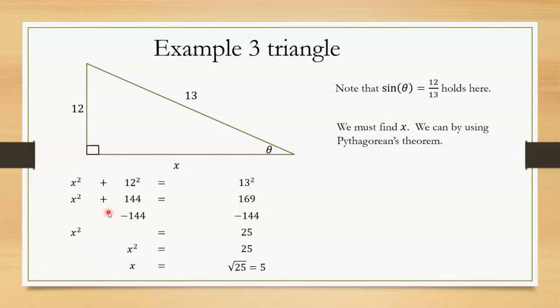Now we just solve this for x. We subtract 144 from each side. We have x squared is the difference, which is 25. If x squared is 25, we take the square roots. We get x is the square root of 25, which is nice. 25 is a perfect square, and we get 5.